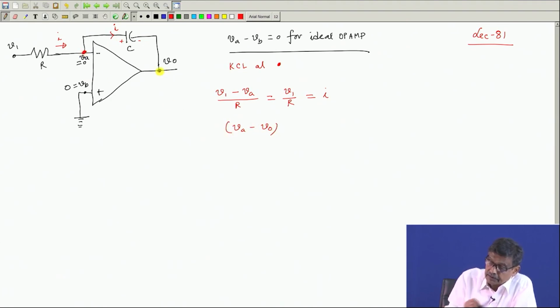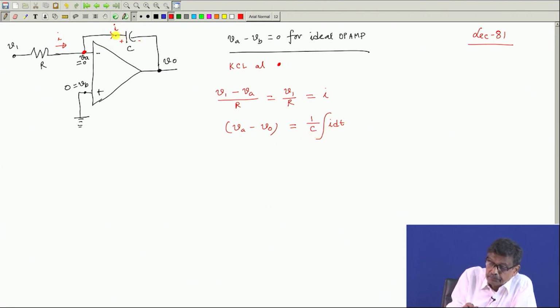VA minus V naught, and that should be equal to, we have learned so much about capacitors, this must be equal to integral of I dt. I must be consistent, this is plus minus. So, I going into the plus is to be integrated.